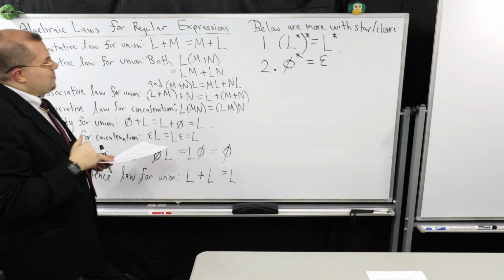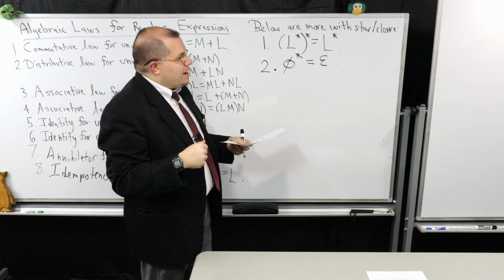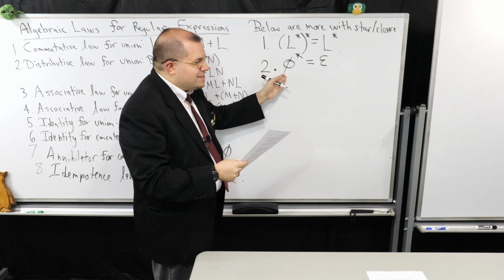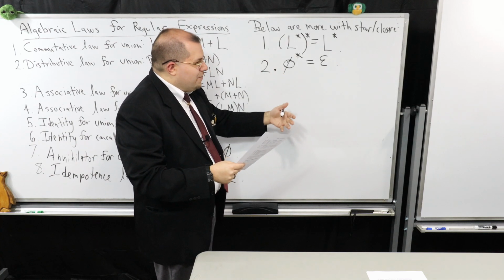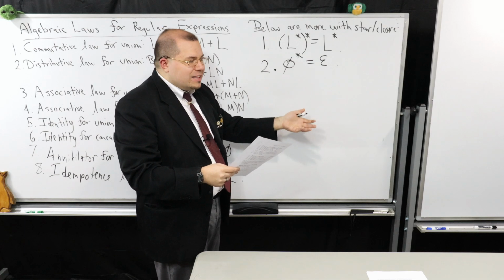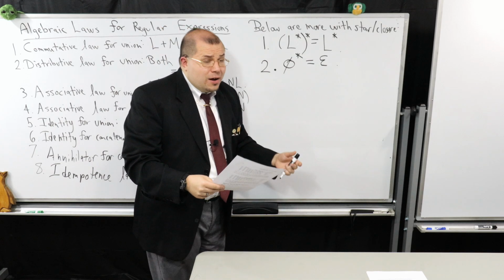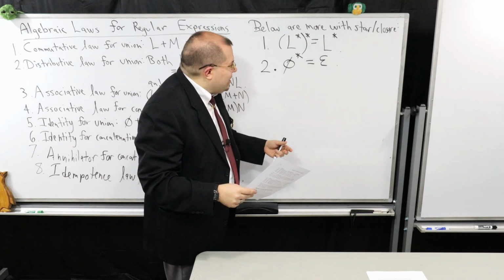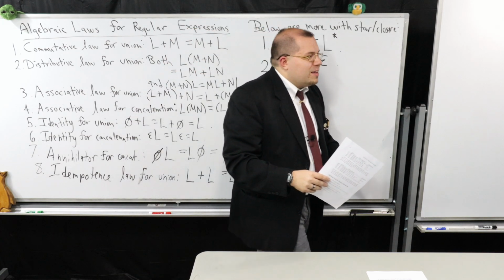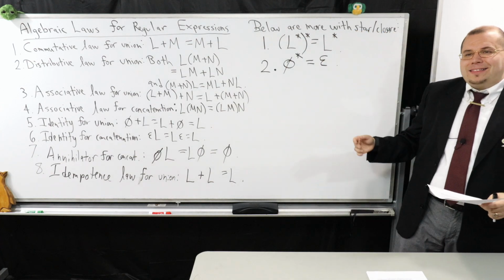You might ask, Dan, well, why? Remember, I can take none of the empty set. I could take one of it, two of it, three of it, but it's more of a technicality, because when I take none of it, I get this. So it's a technicality why this actually is true.